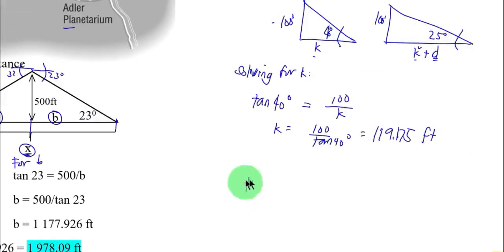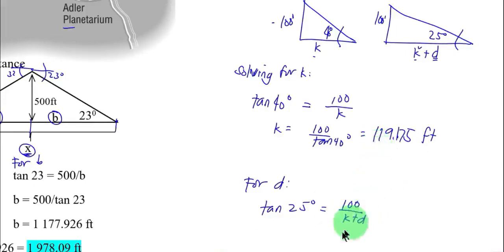For D, or the unknown, we can use tangent again. Tangent of 25 degrees equals 100 over K plus D. But take note, we have here K as 119.75.